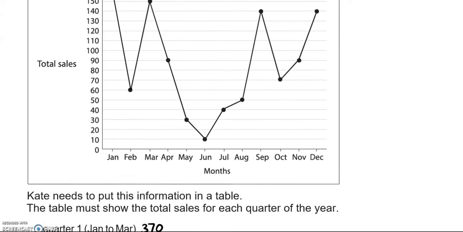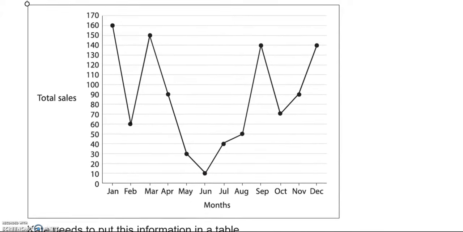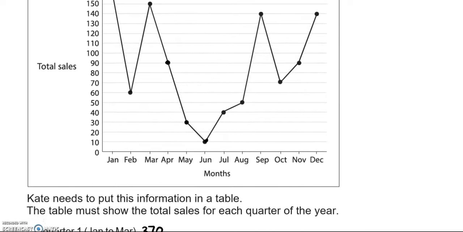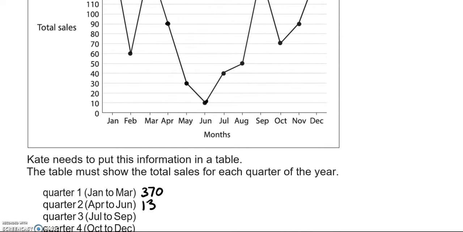Now for the second quarter, starting from April, which has a total of 90 sales, and then May 30, June 10. So adding them 3 gives us 130. Third quarter starting with July.